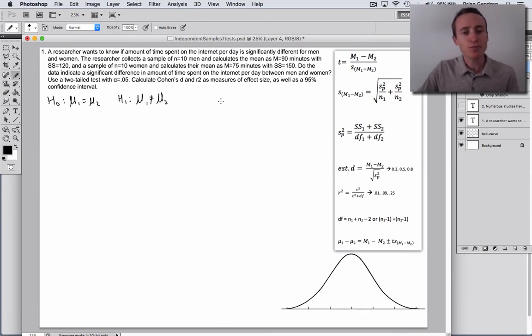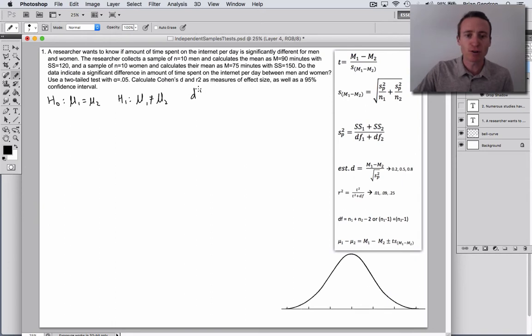Okay, now step number 2 is to establish your decision-making criteria, which means you have to have your critical values of t. And for this type of question, we have two samples. So the first thing I want to do is get my degrees of freedom for each group.